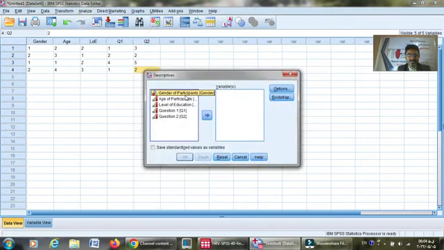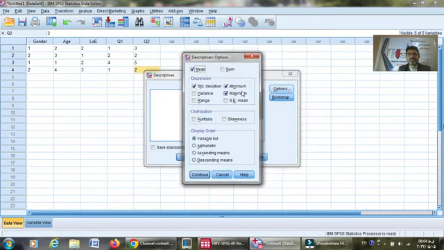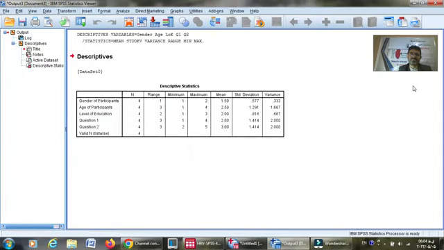We can just click, select all and transfer to variables. Then in options we can choose mean, standard deviation, again in the variable list, range, variance, any information that you want, but based on the structure of the study we have to use. Then we can find all information in one table.